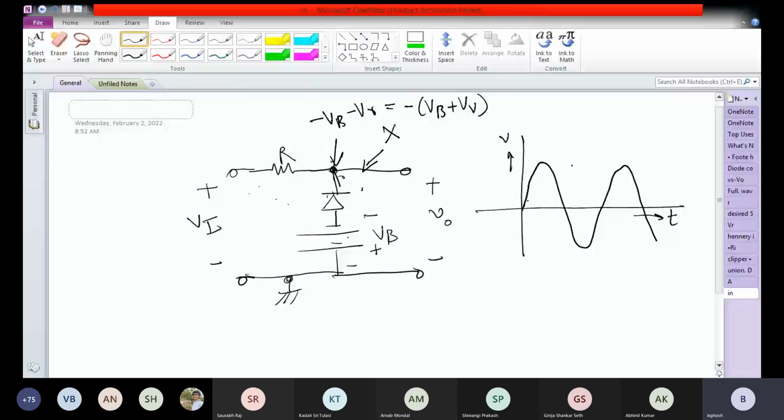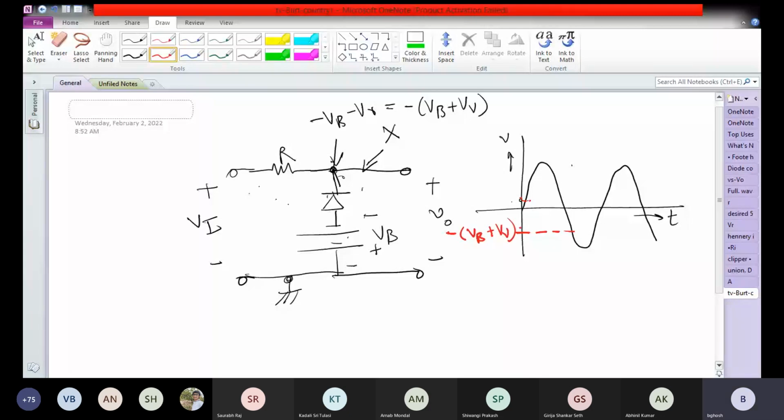So let's draw this minus Vb. First of all, let us mark this demarcating point when the diode is on. So this is a negative voltage, minus of Vb minus V gamma.